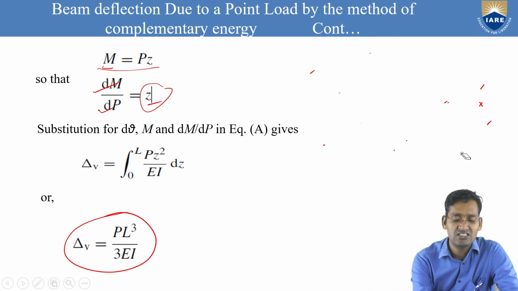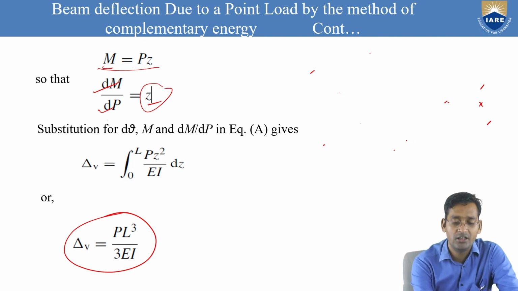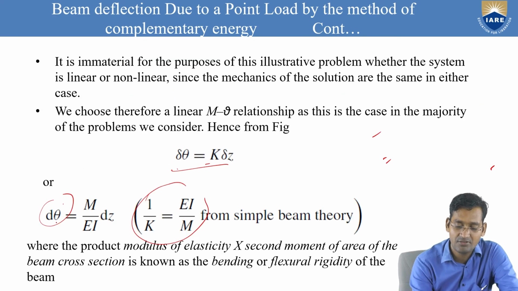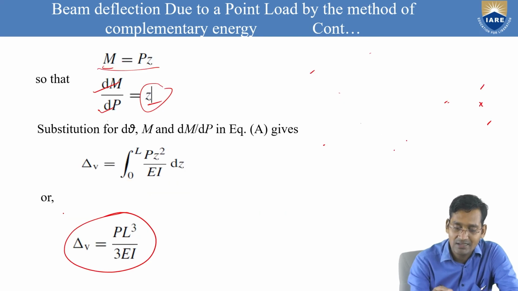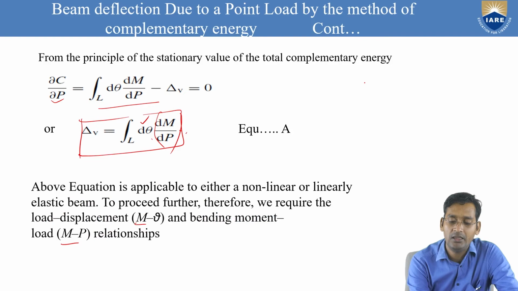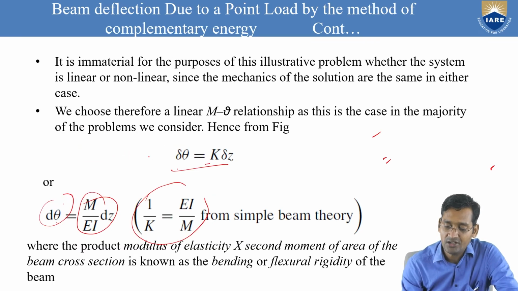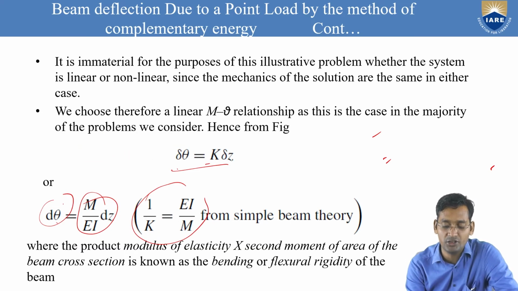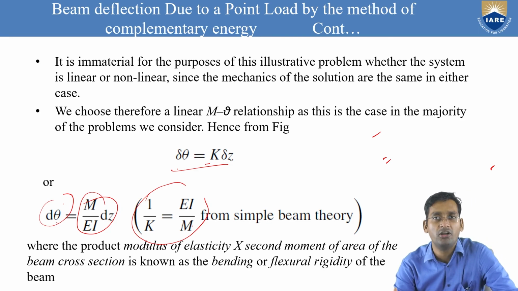Next, just substitute all the values. We substituted the d theta value and the dou M by dou P value in equation A. Again we are taking it in terms of M, and M depends on the value of Z. What is M?